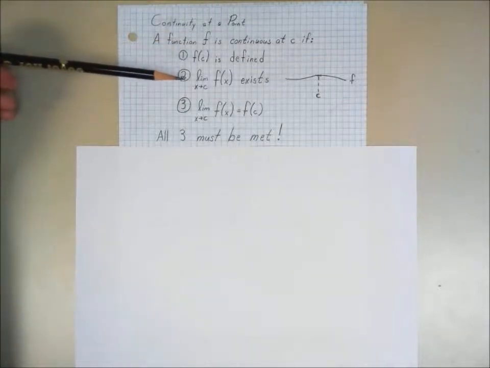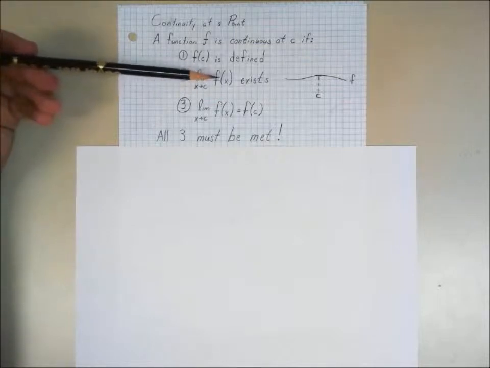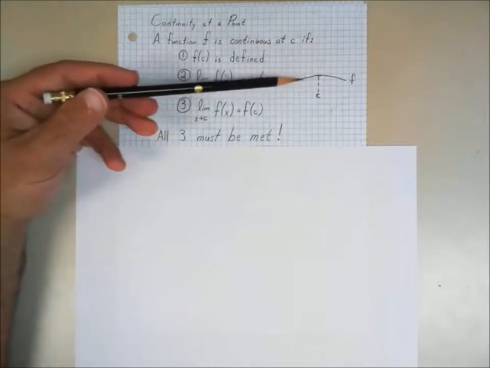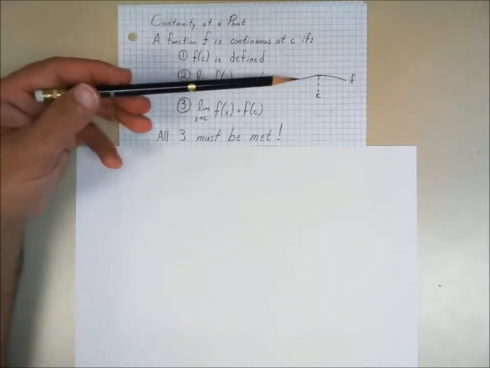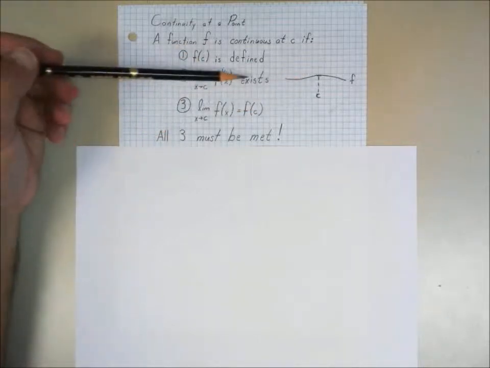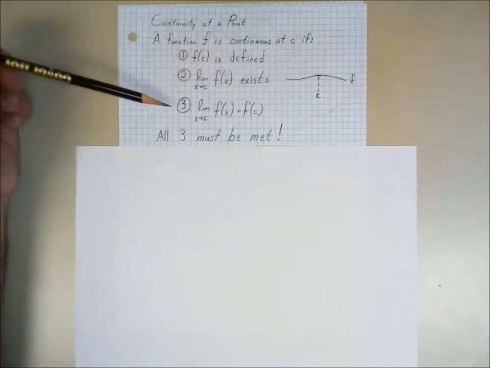But on the other hand, the limit as x approaches c of that function must exist. So just like we've looked for limits graphically, as you approach c from both sides, it's getting closer and closer to that value. And number three, those values have to be the same.